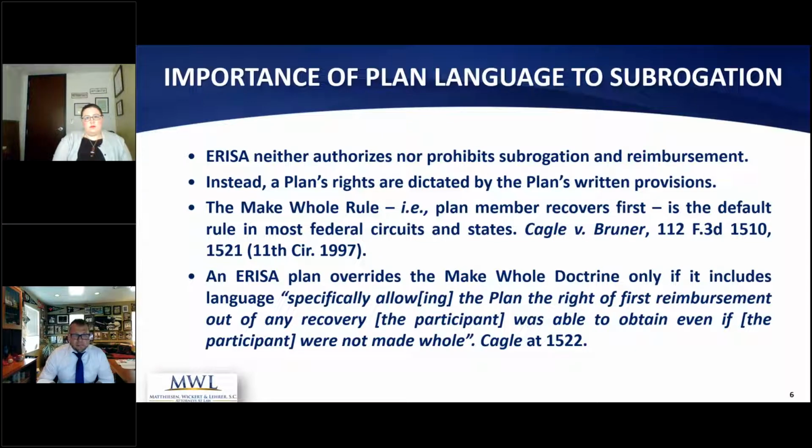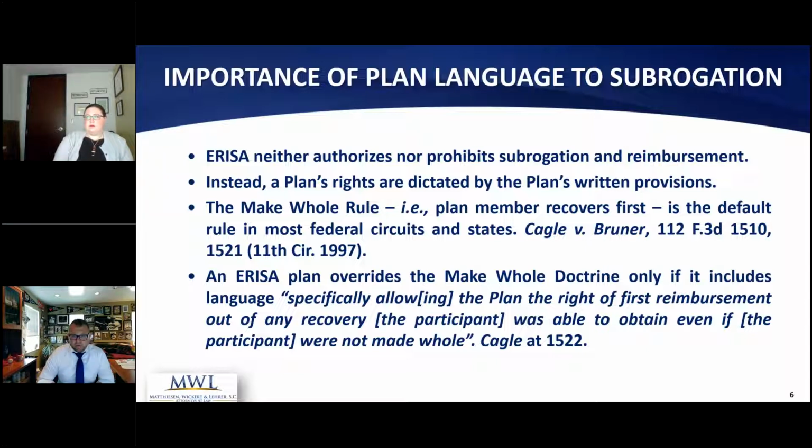I say that because one of the important things you need to understand is that ERISA, that lengthy statute that we introduced to begin, doesn't authorize or prohibit subrogation or reimbursement. There's simply nothing in ERISA that says an employer must have subrogation provisions or reimbursement provisions in their plan.